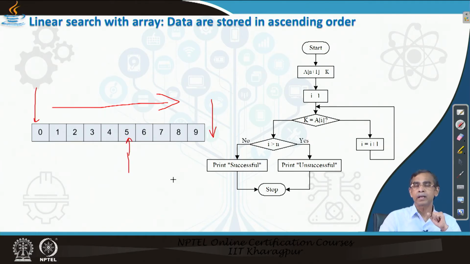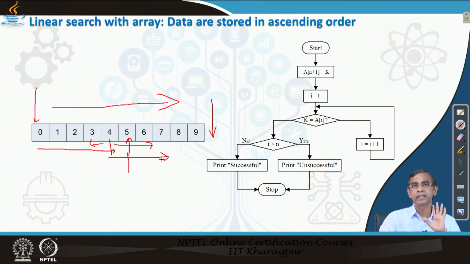Now suppose we are searching for 3.5. We search 3, and whenever we come to 4, we can say that moving in this direction will not be fruitful, because the element we are searching for cannot be here, as we have already crossed the limit. Because 3.5 should be on this side only, not on that side, we can stop the searching.